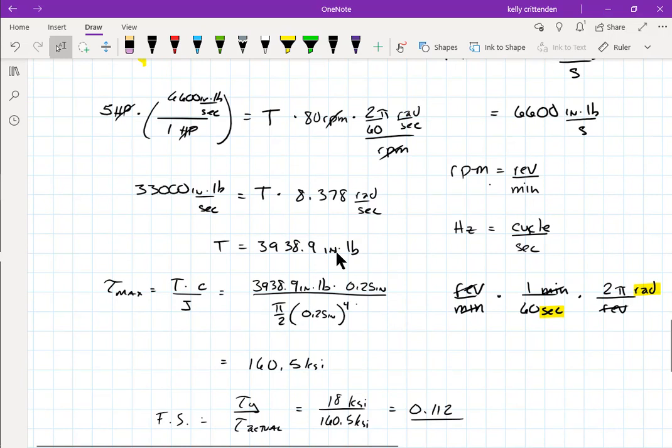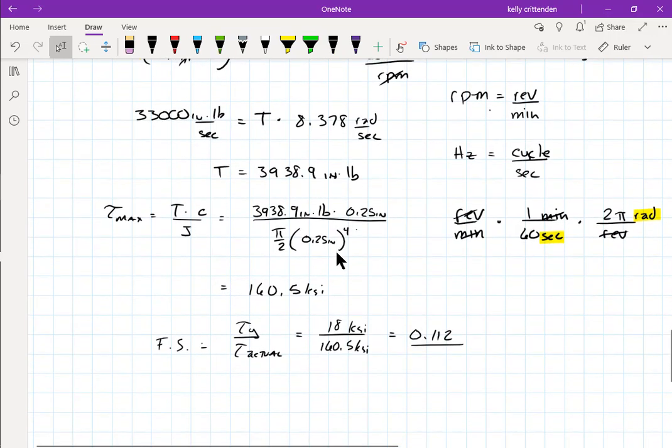I didn't ever check it. 80 times 2 times pi, that seems right. Oh, no, that was right. I did do that. Let's see, 5 to the 4th times 2. Oh, yeah. I think it's just not a good scenario for our little shaft that we built here.